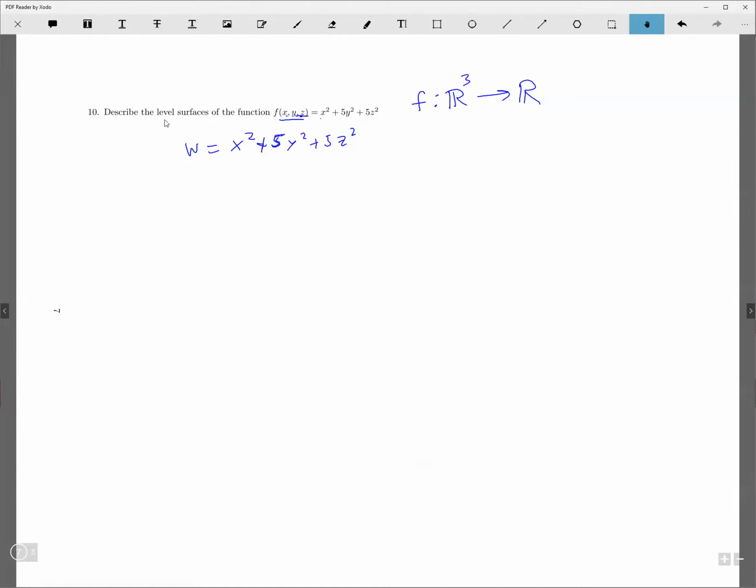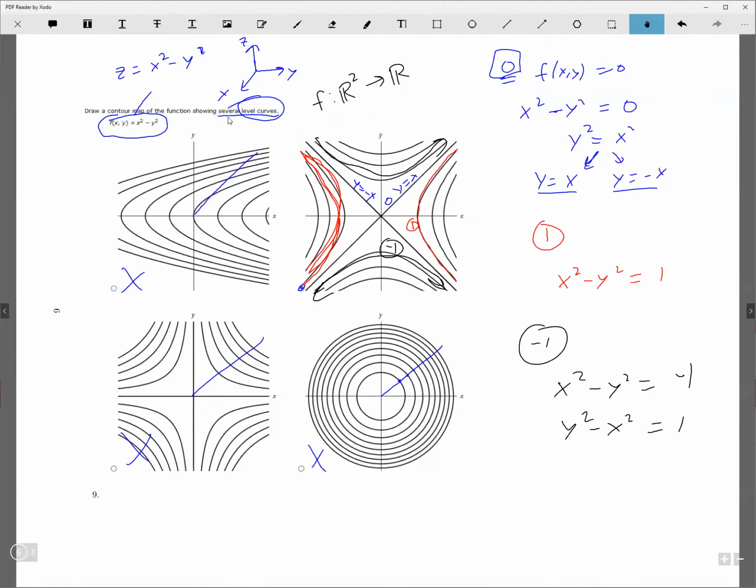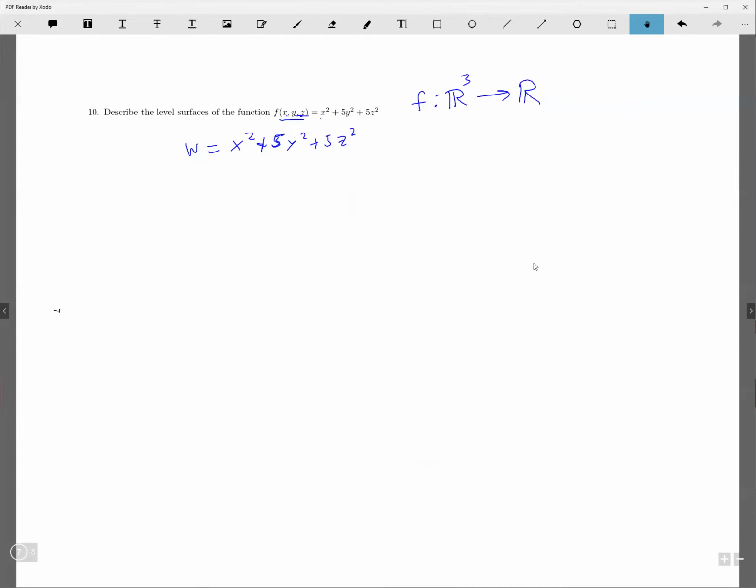But what we can do is, over here, in this one, the level curves are in 2-space, just 2-dimensional in the Cartesian plane. For this one, it's going to be level surfaces instead of level curves. And those are going to be in 3-dimensional space.